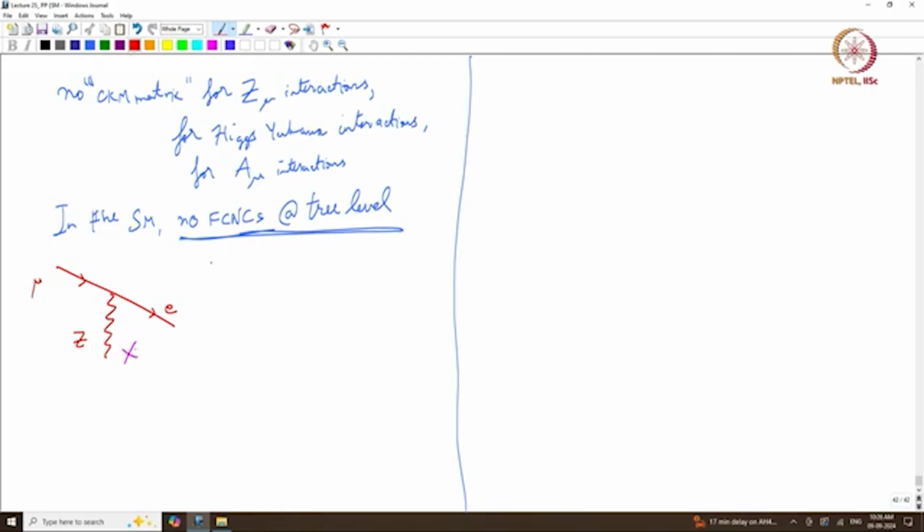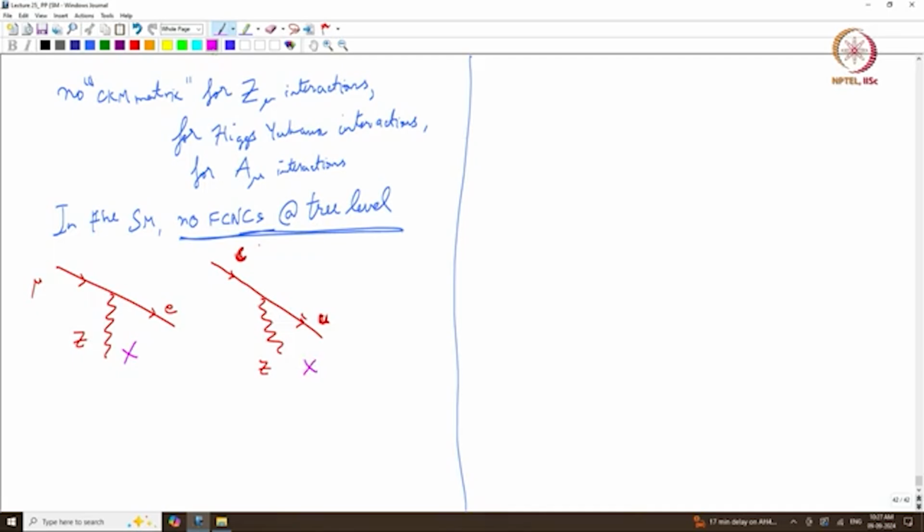Similarly, I cannot have an up quark going to a charm quark, or rather the other way around, does not matter, a charm quark going to an up quark, because that is what is kinematically allowed by spitting out a virtual Z boson. That is also not allowed.